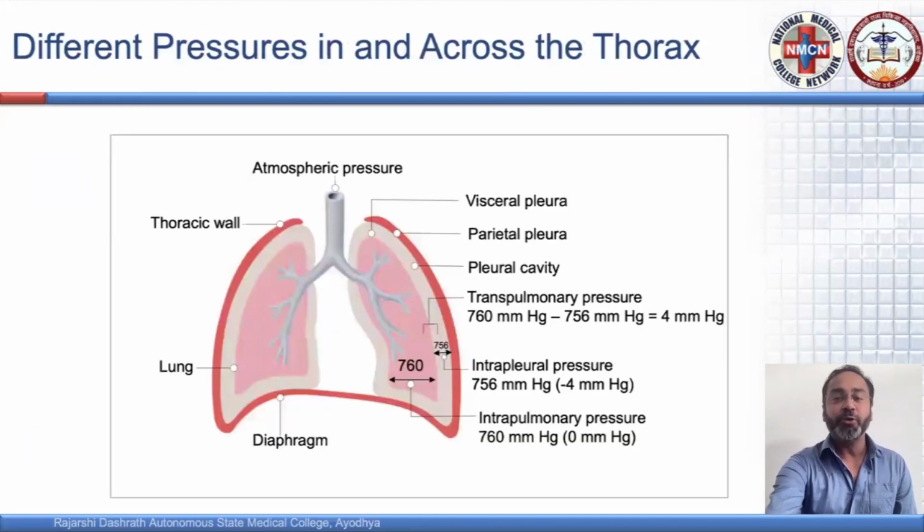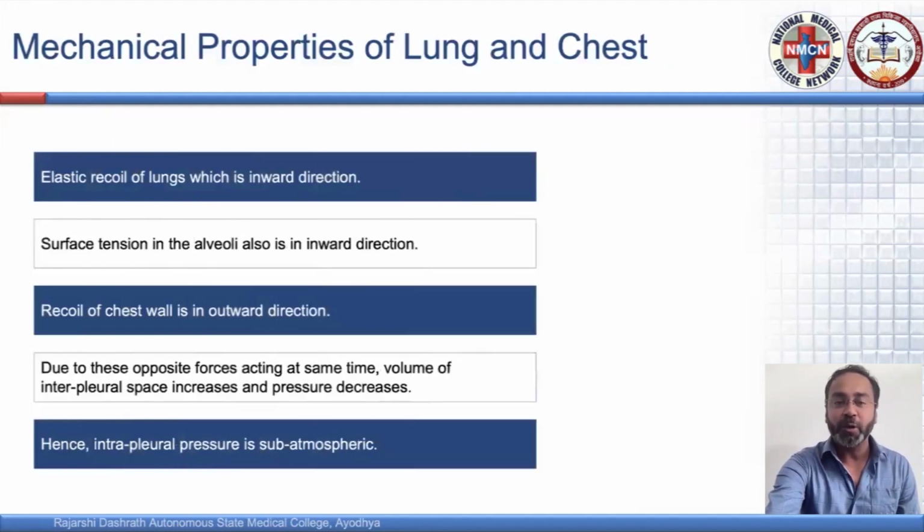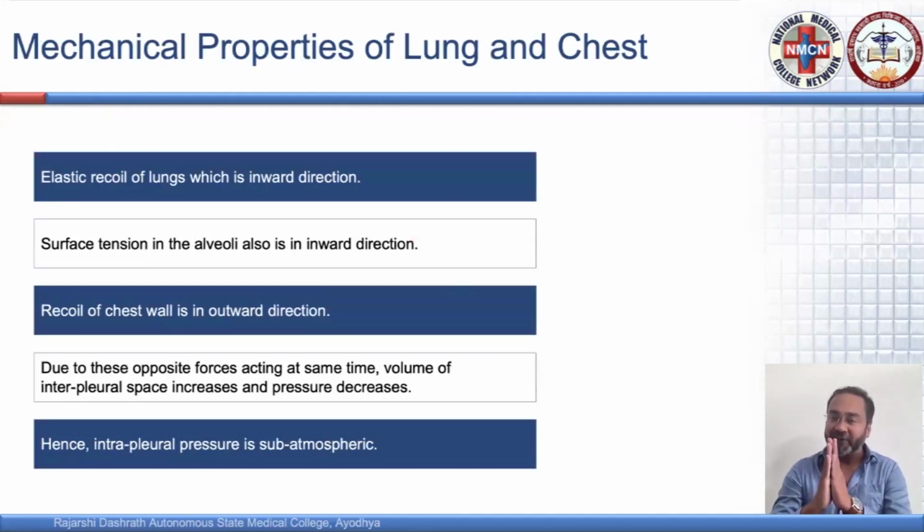So basically, two forces are trying to collapse the lungs, and one force is trying to move the chest towards the outer side. These three forces are acting in different directions and trying to move the visceral pleura and parietal pleura away from each other. Because they are moving away from each other, there's a potential increase in the volume between the visceral pleura and the parietal pleura.